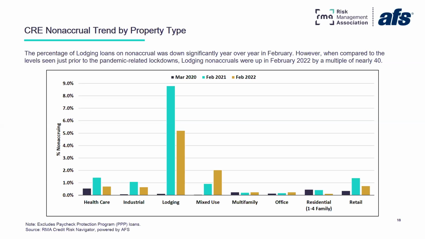Most of the increase appears to be attributable to a single bank, but within that bank, they're experiencing issues in a number of locations. So again, we're going to keep an eye on this to see if it is just related to a single bank or if it's the beginning of a trend.